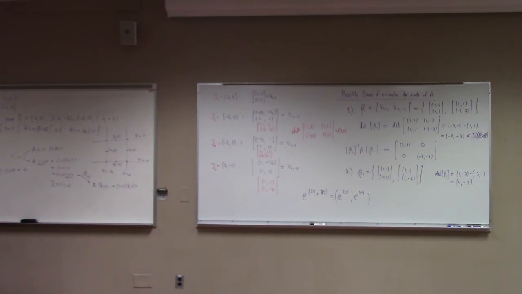And my R4, which is e to the minus 2x, e to the minus 3y, minus 3 e to the minus 2x, minus 2 e to the minus 3y. I've got to sit down. I won't see it standing up.